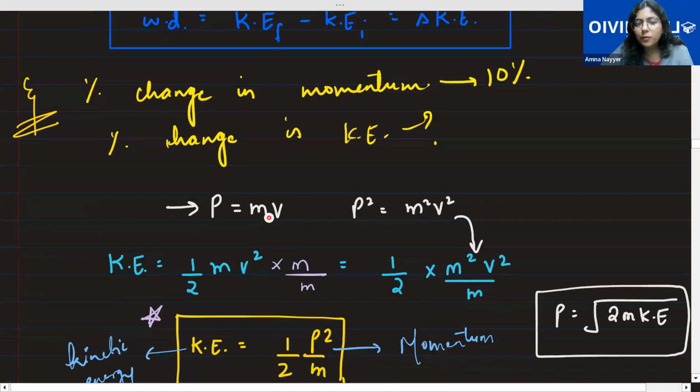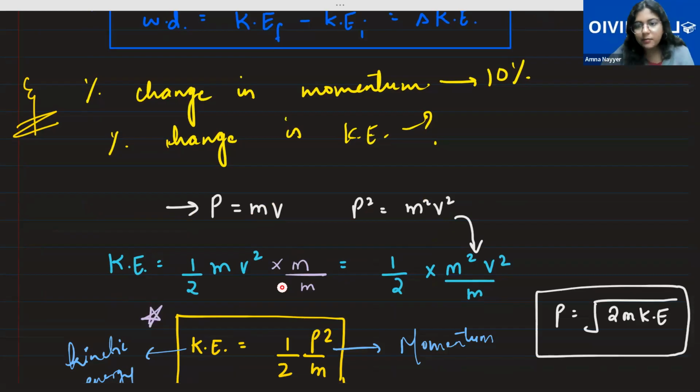Okay, so when you multiply and divide it by the mass, you get half m square v square by m. Now, if momentum P is mv, so its square will be just the square of this term, this square, this square, this square. That is P square, m square, v square. It means this m square v square is nothing but P square.